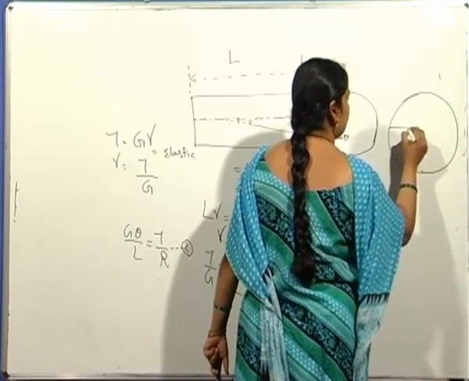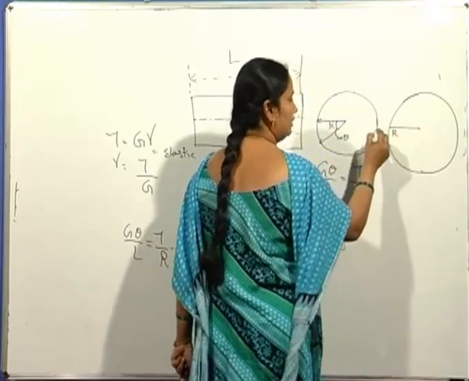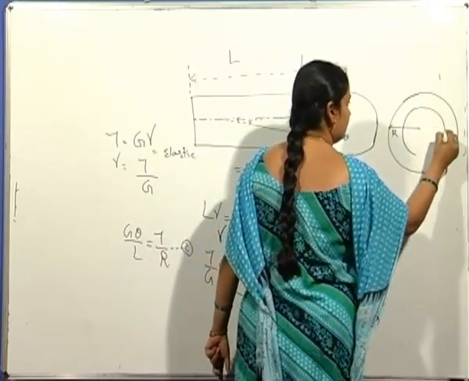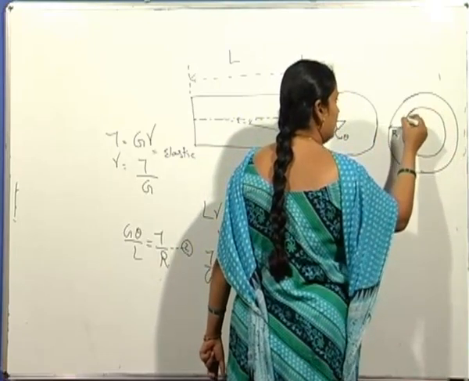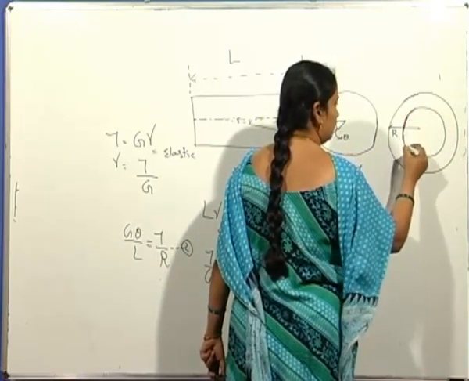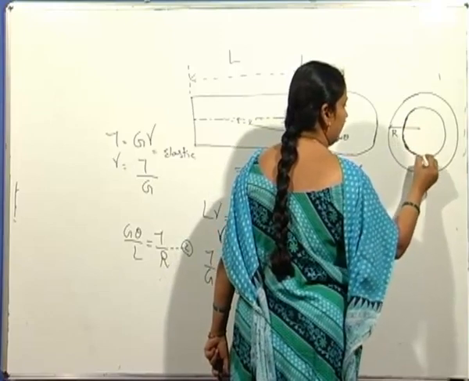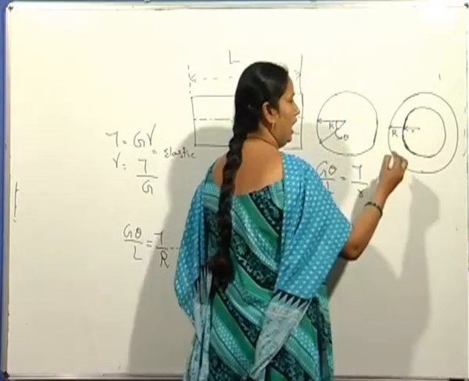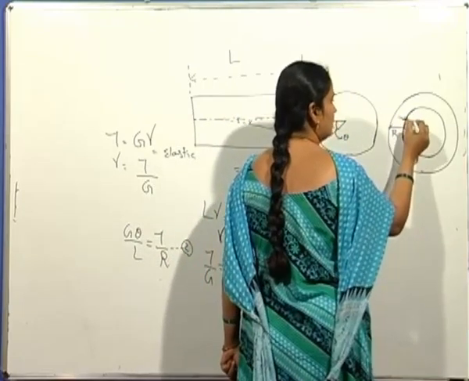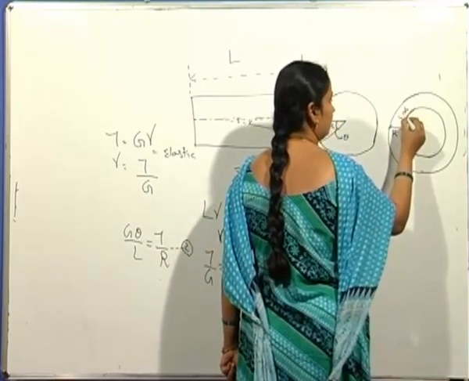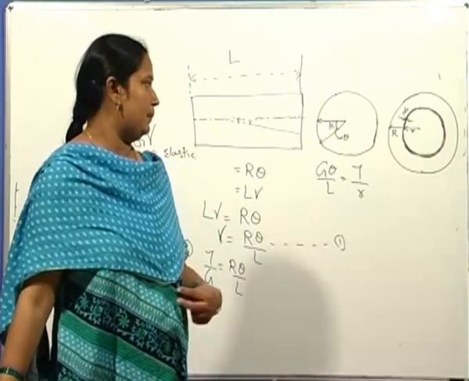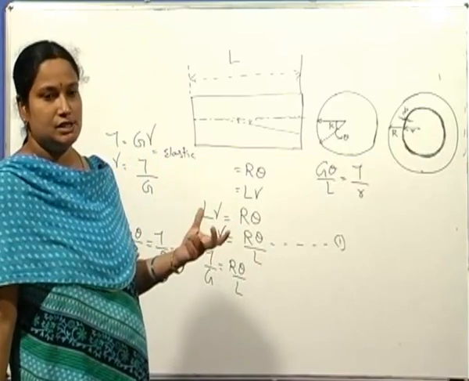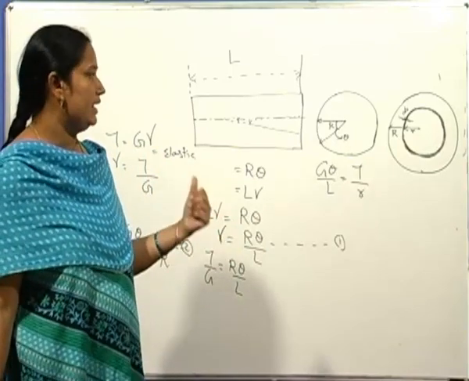So this is the radius capital R, and to derive the torque equation, we consider an elementary ring of area dA at a distance of small r. So this is the elementary ring dr. Now when torque is applied onto the shaft, the internal stresses resist this torque.